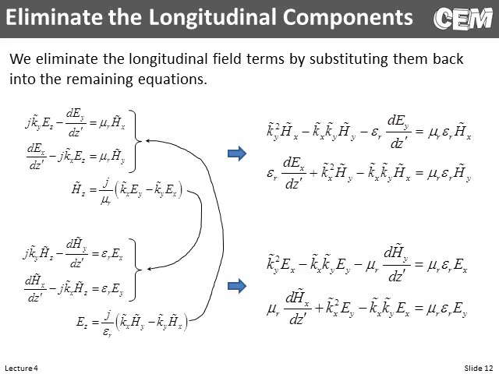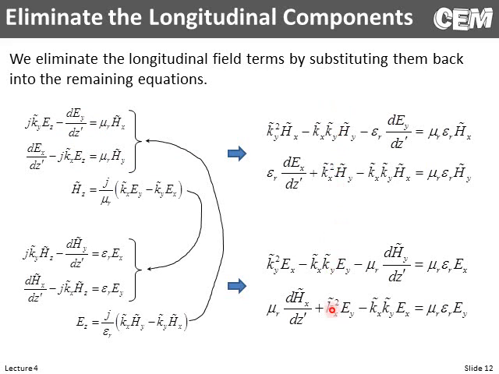Now what we're going to do is eliminate EZ and HZ from our equations. So we're going to take this expression for HZ and plug it into these 2 equations. And now HZ is gone. We're going to take this expression for EZ and substitute it into these 2 equations. And now EZ will be gone.